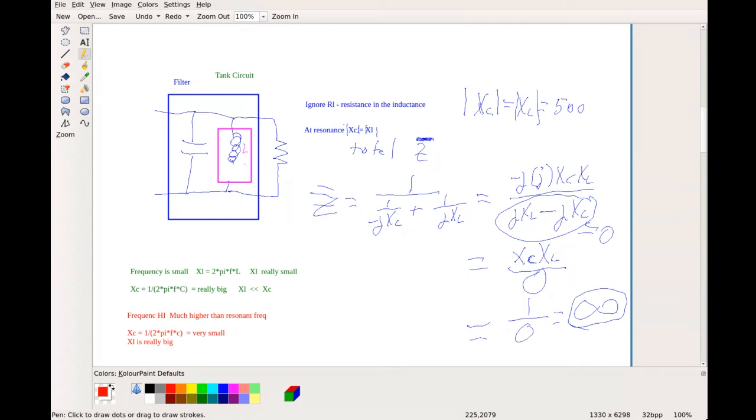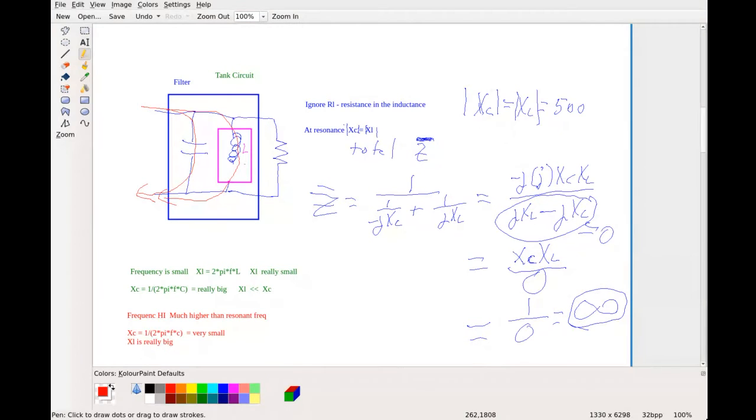But if the frequency is well below the resonant, or if it's much higher than that, then the current is going to find a way through one of these. Remember, current follows the path of least resistance.